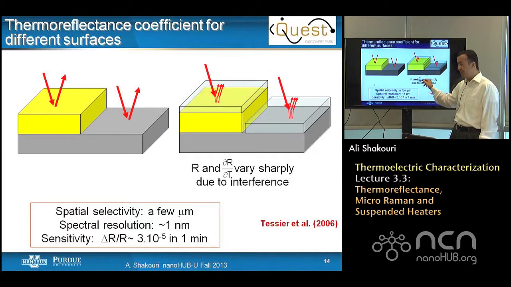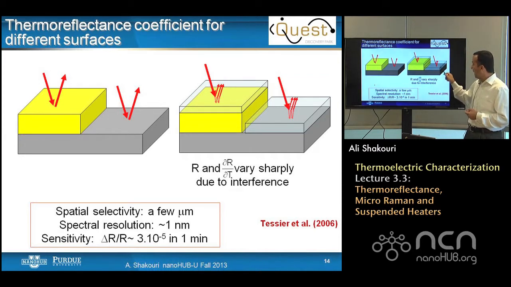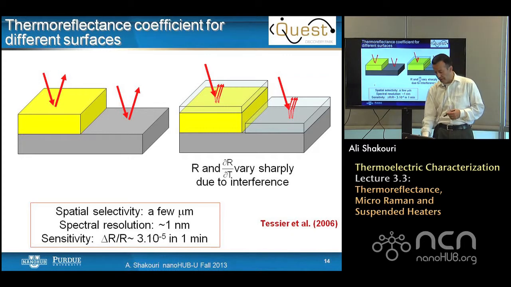Whatever changes the reflection coefficient can also change the change in reflection with temperature, the thermoreflectance coefficient. And because this is two effects, one, the temperature change, how it affects the reflection at the surface, and how it changes the dielectric constant here is very hard to separate.